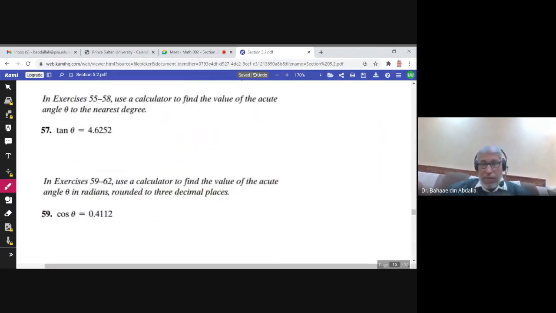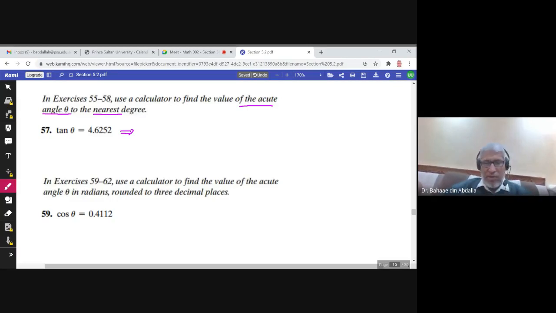Some other type of questions: use a calculator to find the value of the acute angle theta. Now I need to find the value of the angle theta to the nearest degree. What is theta such that tan theta is 4.6252? So how can I find theta? Well, in the calculator, above sine, cosine and tan, we have sine inverse, cosine inverse, tan inverse.